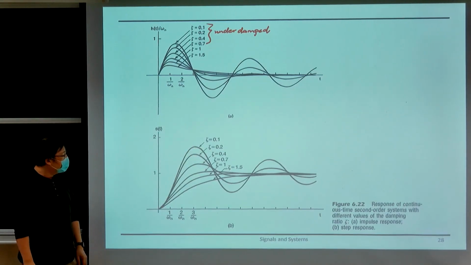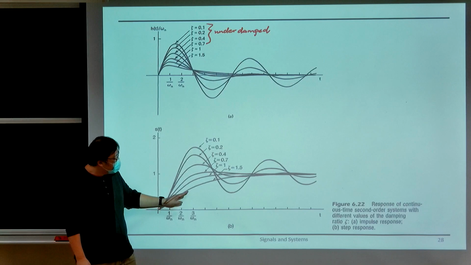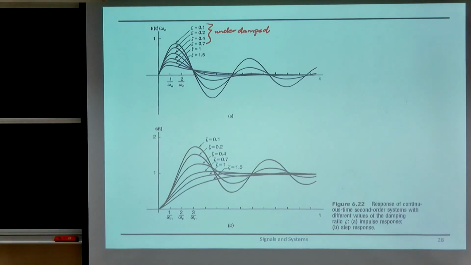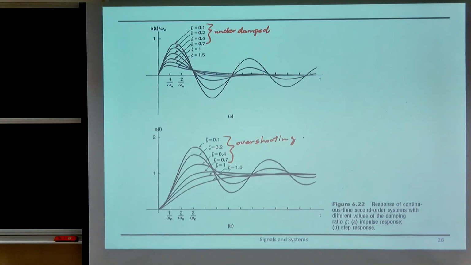But overdamped systems do not oscillate and do not overshoot, but sometimes it may take a longer time to reach the desired gain that you want. So for underdamped systems, you have this overshooting plus ringing behavior.